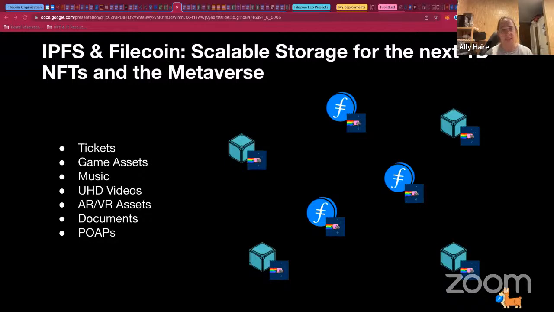And one of the clearest use cases for IPFS and Filecoin is in NFTs and the metaverse, as I've mentioned. NFTs have rocketed to mainstream attention. Lots of people are realizing what it means to have a digital asset that can represent anything.